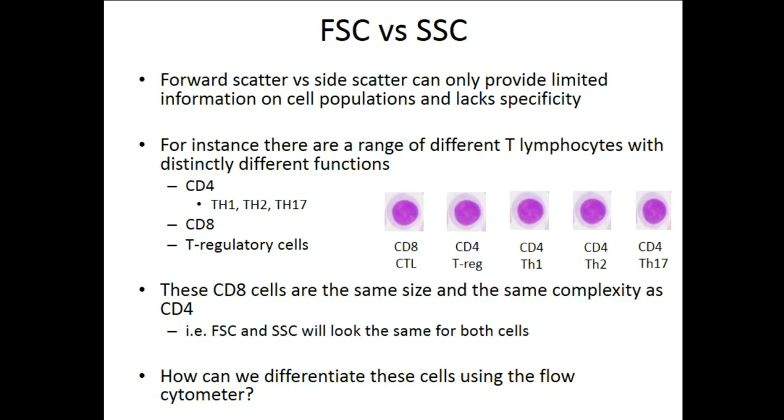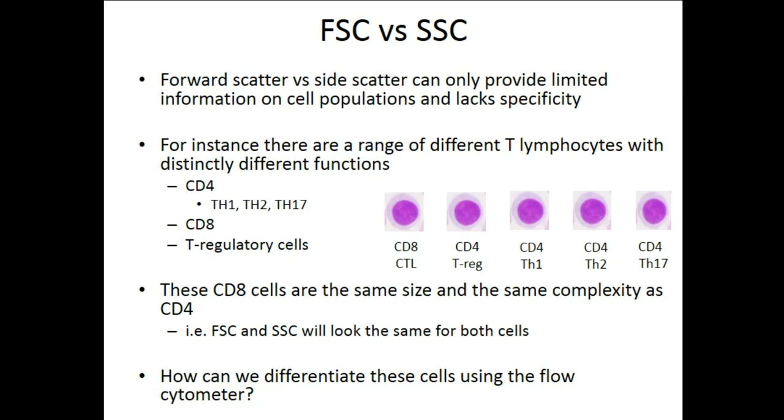But there are a whole range of different cells present within your blood that are of interest when monitoring disease. And this is where we come up against a problem. Say for instance we have CD4 cells, CD8 cells, CD4 T helper 1 cells, CD4 TH2 cells, and CD4 TH17 cells.